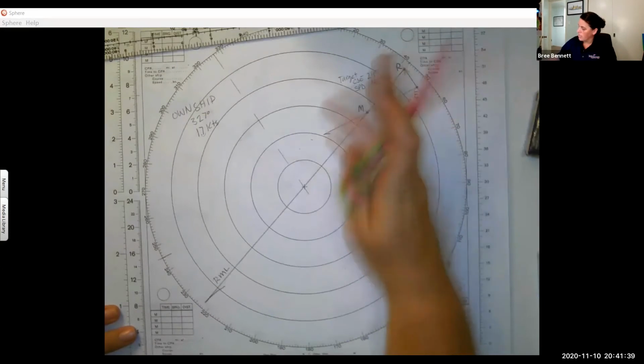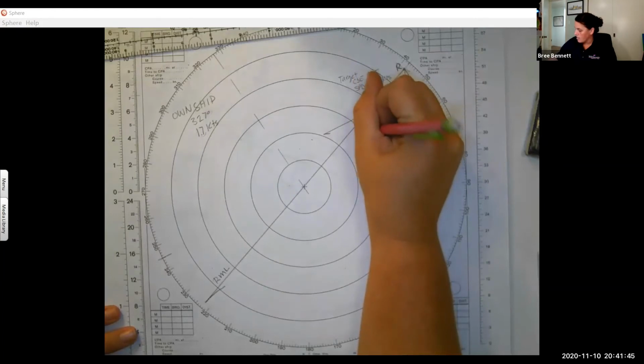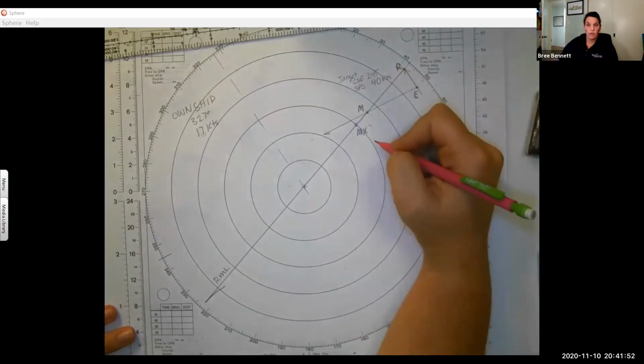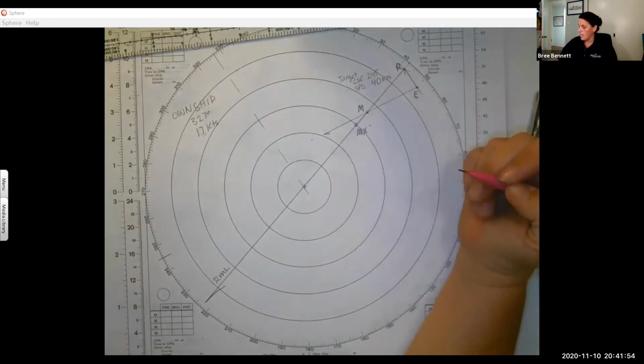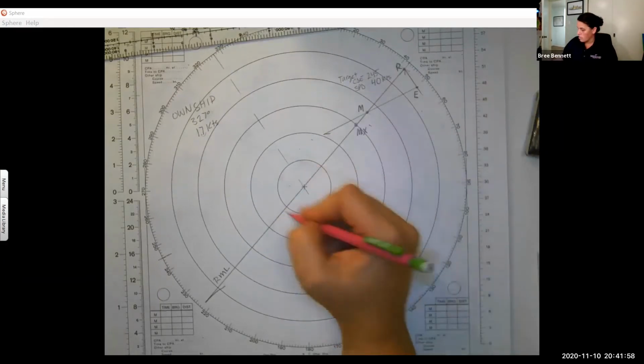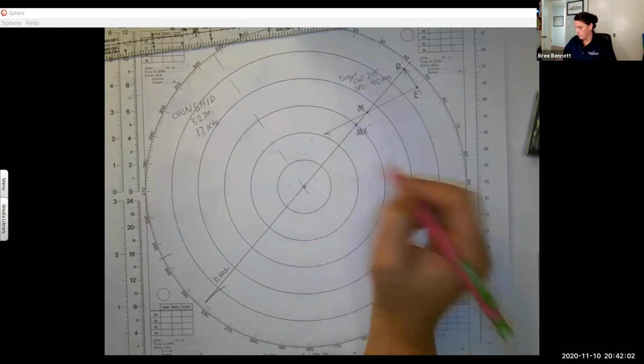Okay, so here at 6 miles, this is my MX, my point of execution. So that's where I'm going to change speed or bend this relative motion line. And then my CPA is 2 miles. So that 2 mile range ring is already on here, so I don't have to draw another one.